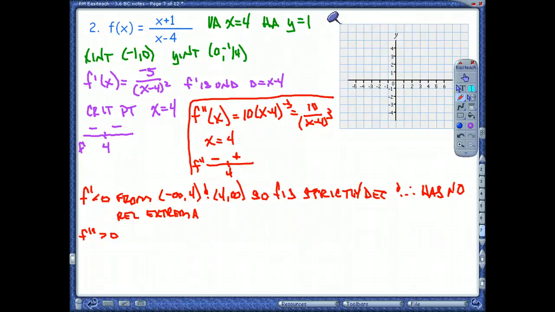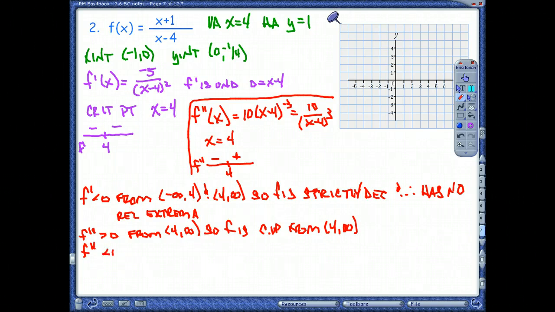So we are greater than 0 from 4 to positive infinity. So f is concave up from 4 to positive infinity. My second derivative is less than 0 from negative infinity to 4.